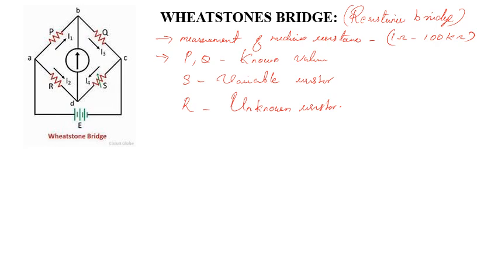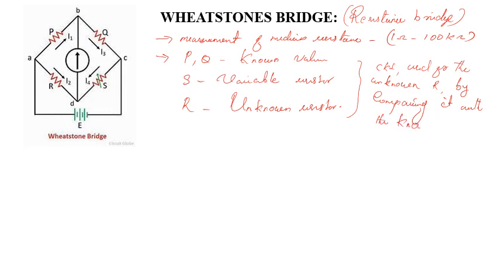So simply we can define the Wheatstone Bridge as a simple circuit that can be used for finding the unknown value of resistance by comparing it with known resistors.